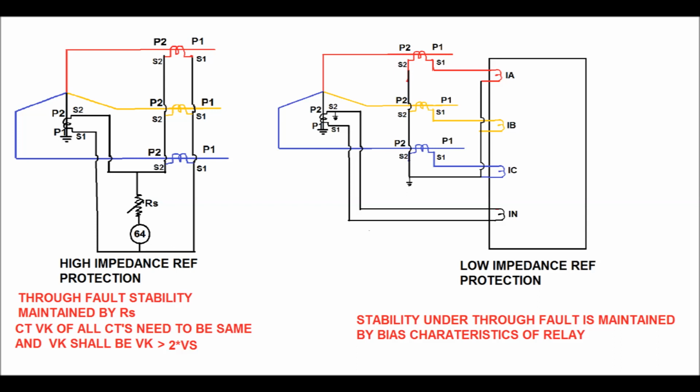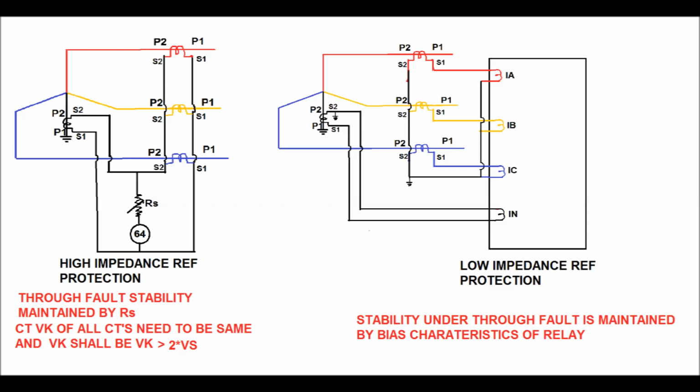By multiplying this we get the stabilizing voltage, and the value of the resistor is calculated as the stabilizing voltage divided by the relay setting, minus the relay burden. This is the calculation for the resistance connected in series with the relay.